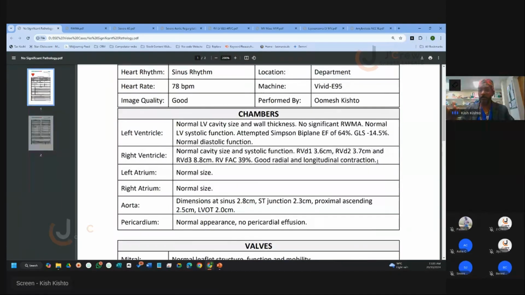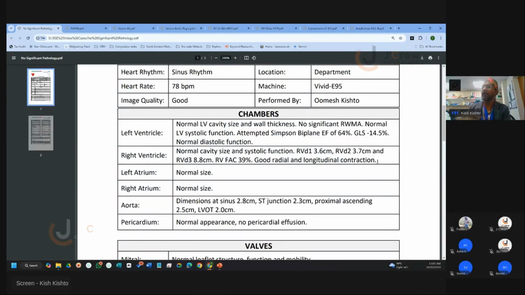Sometimes the measurement doesn't tally with what you're seeing. If the measurement says TAPSE is 1.0 but visually it's going well, I won't go with the measurement, I will go with my visual assessment.